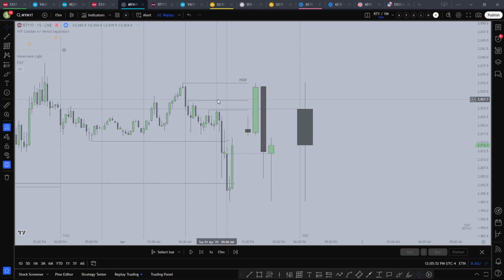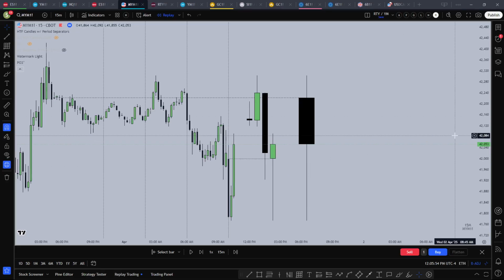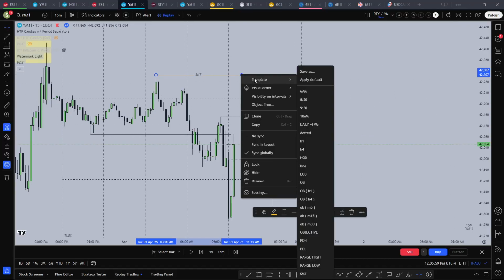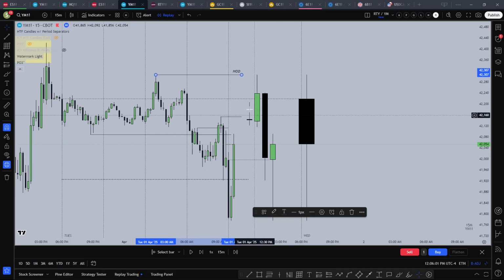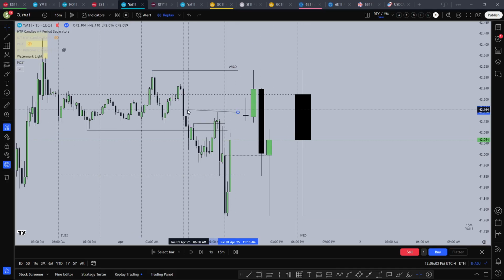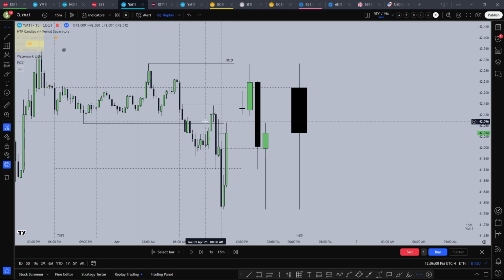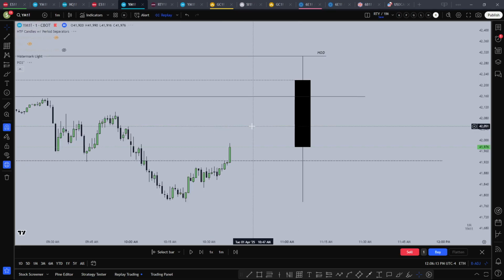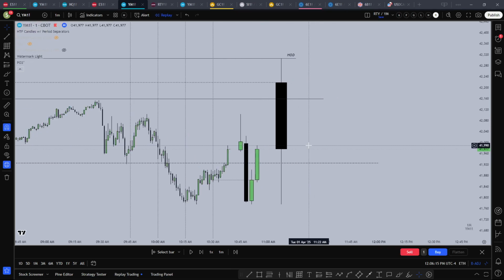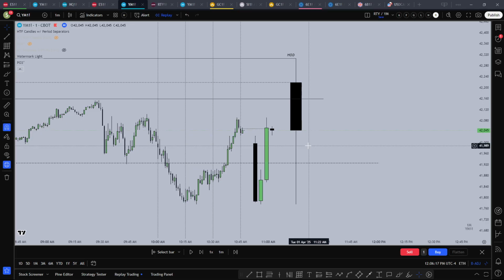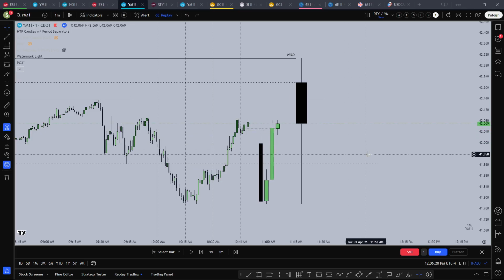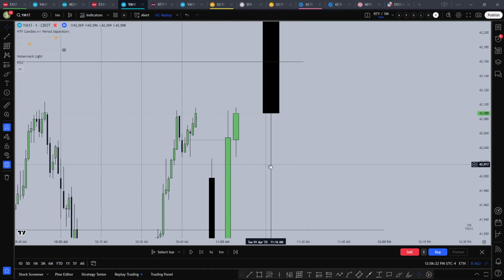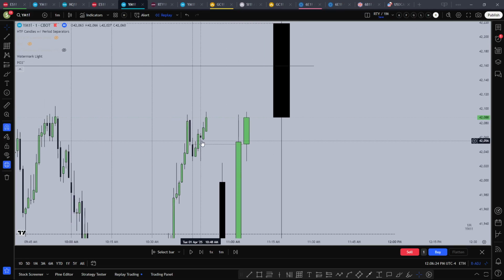What about YM? YM is kind of a stronger asset, so I can frame towards the high of the day. This level as a partial point, relevant opposing swing. Not too good of an entry in here.